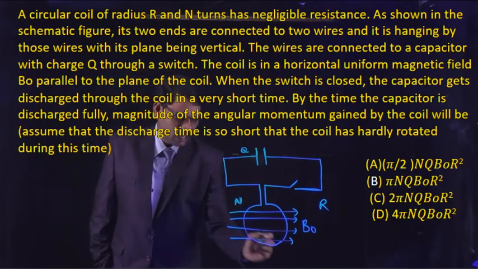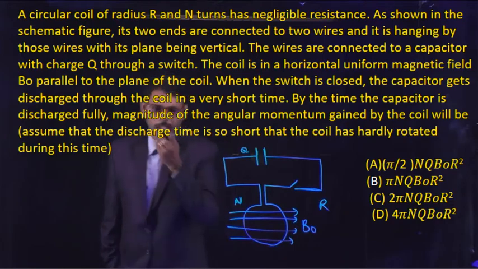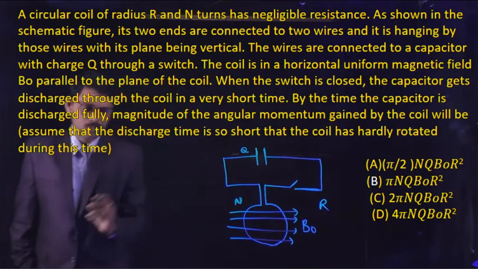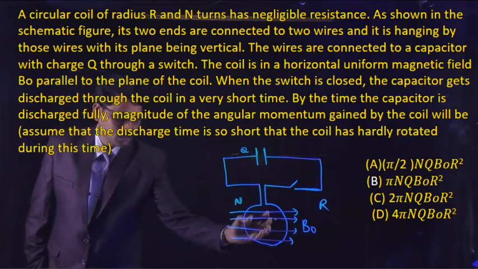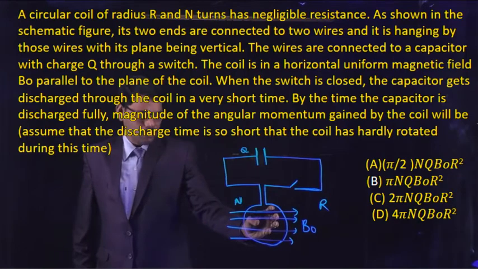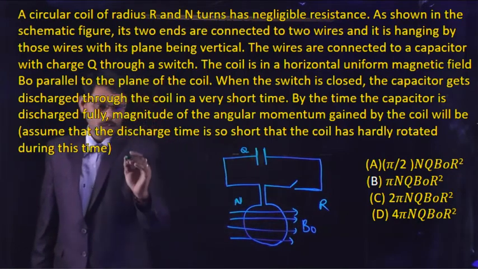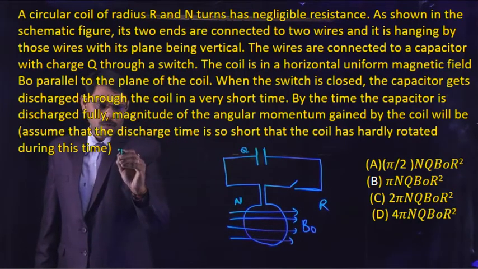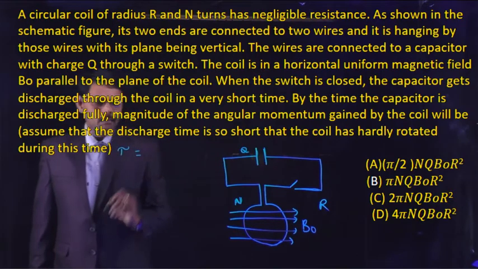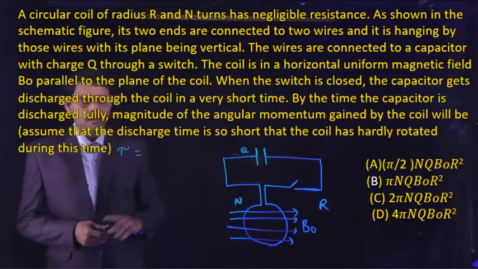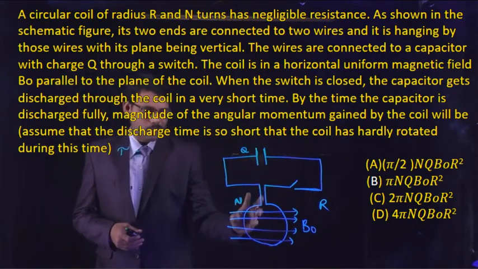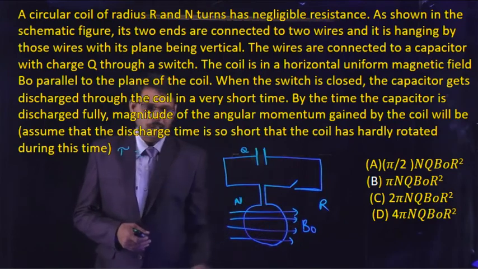to calculate angular momentum, we apply the concept that torque is equal to rate of change of angular momentum. So first of all, we have to calculate how much torque is experienced by the coil in the presence of this magnetic field. We know that the magnitude of torque is tau equal to mB sin theta, where theta is the angle between the magnetic dipole moment of the coil and the magnetic field.